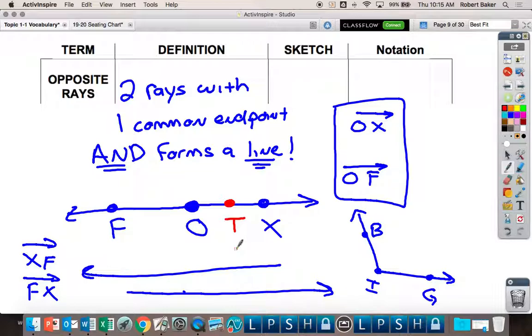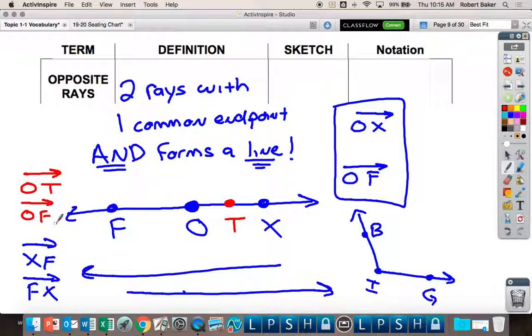Okay, so you're going to say OT, like overtime. What am I looking for? Ray OT. So ray OT starts at O and goes towards T. And there is only one answer now. The opposite ray for ray OT. Ray OF.